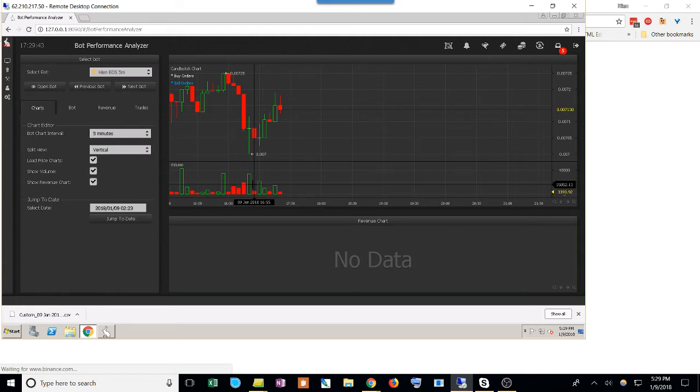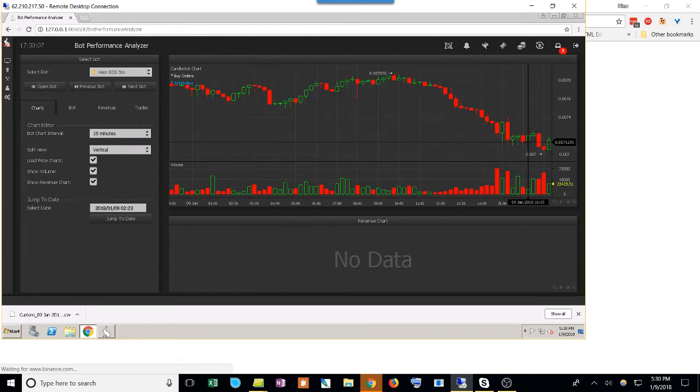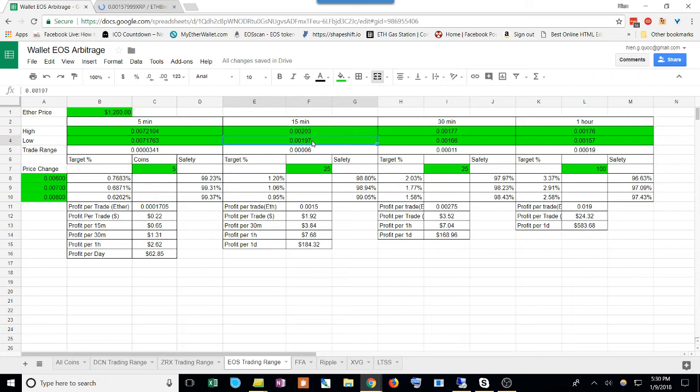For the 15-minute mark, I'm just going to eyeball it, pick a typical size to notice some of the green ones. So I'm going to eyeball this one too. 0.71295, okay. 0.007.